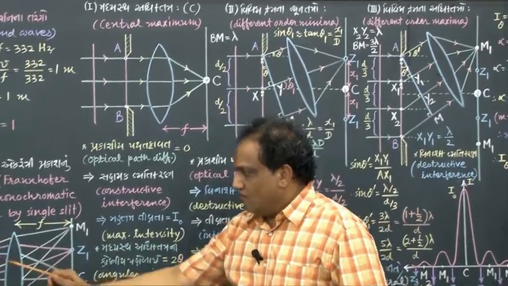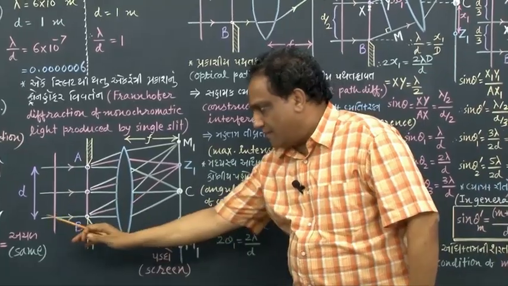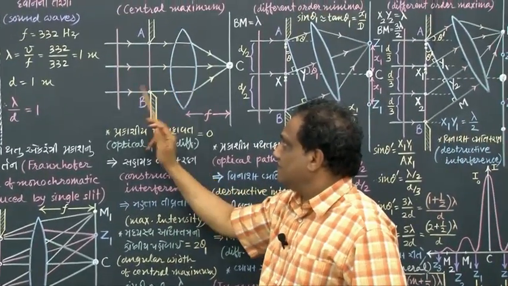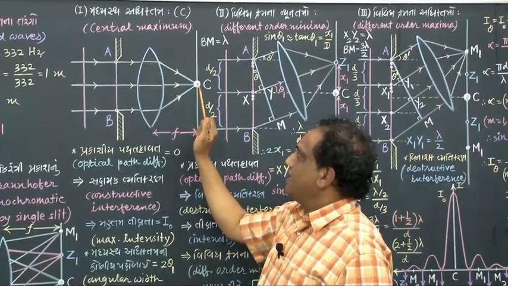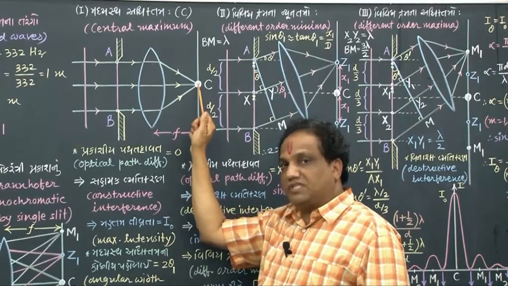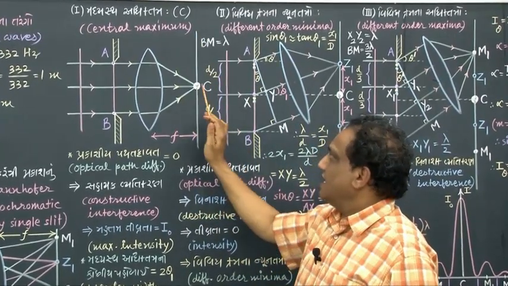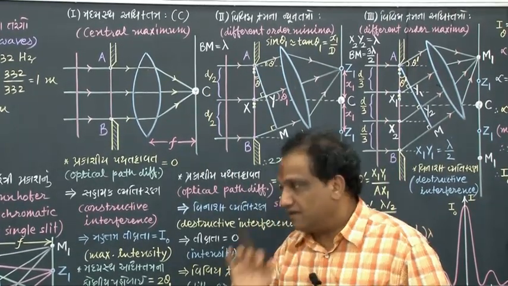For central maximum, you consider these light rays which are not getting bent, going straight. They are focused by this convex lens at its principal focus, which is nothing but the central point on the screen. Let it be shown by symbol C, C for central.